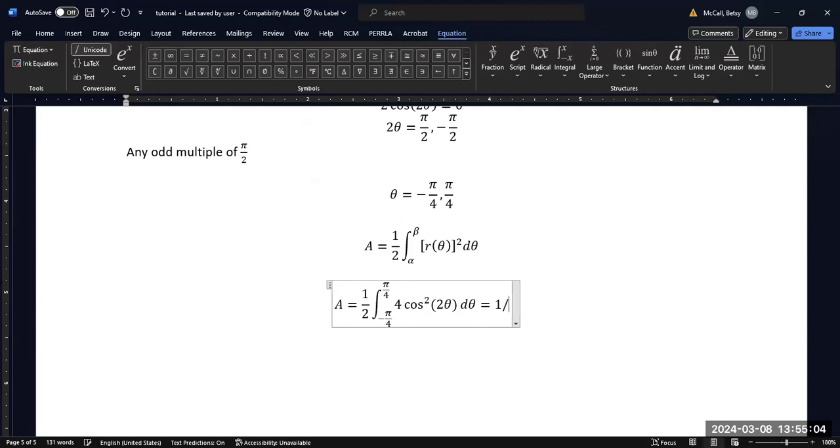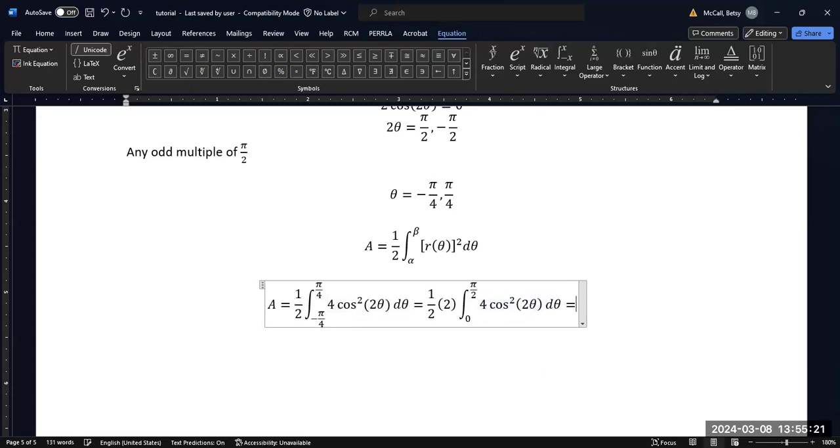So the 1/2 will get canceled by doubling the result. And then we'll start at 0 and we'll just go to pi over 4 of this same expression. And then this will cancel to 1 and I can pull the 4 outside as needed. So again, just applying symmetry.